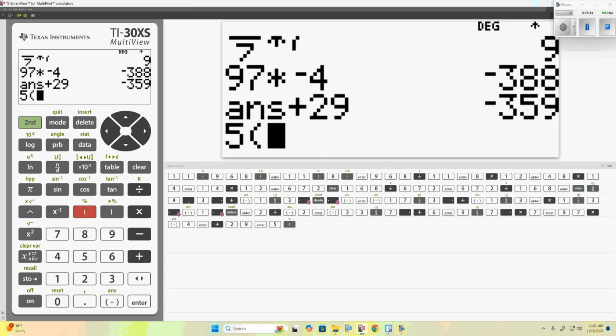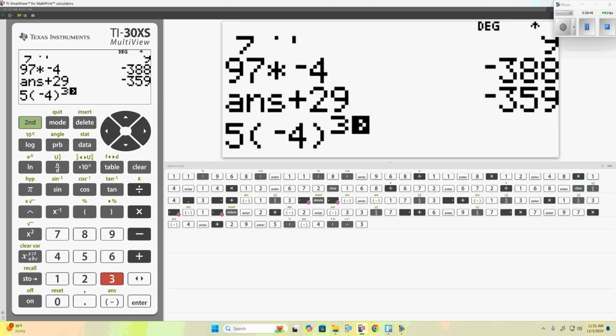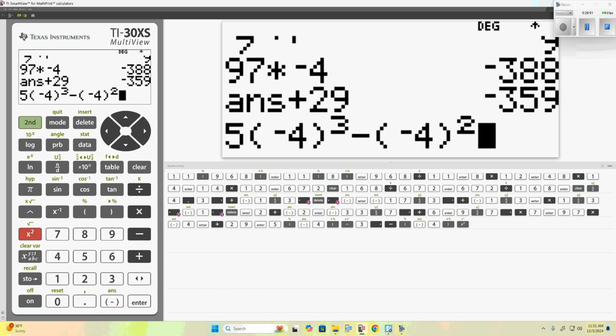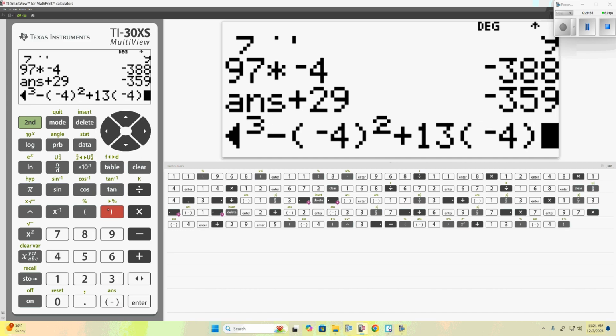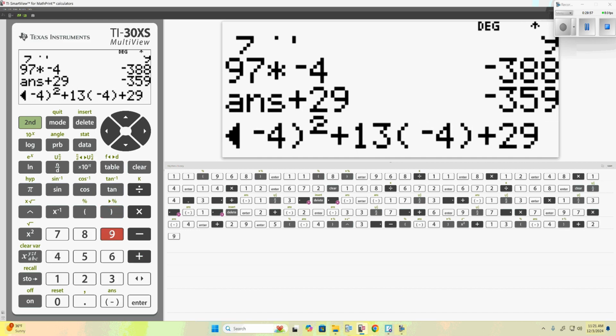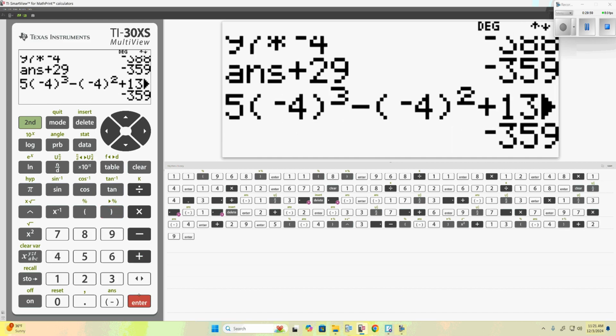So we would have 5 times negative 4 to the third power minus negative 4 squared, 13 times negative 4 plus 29 is negative 359. Both ways gave us the same answer, yes?